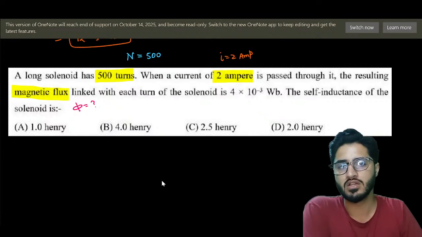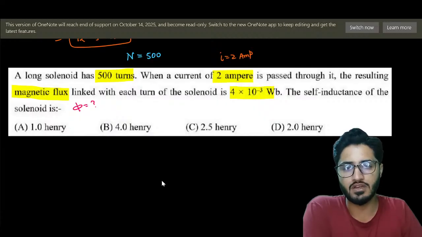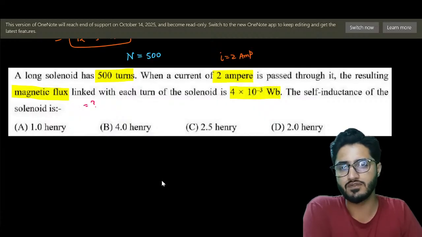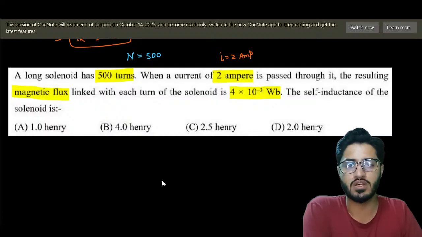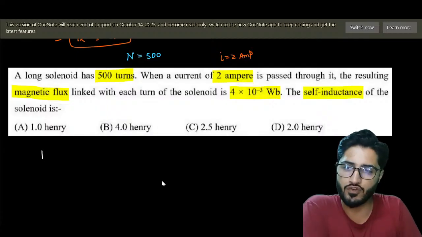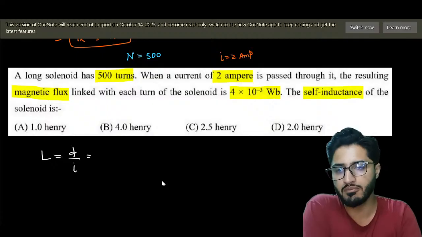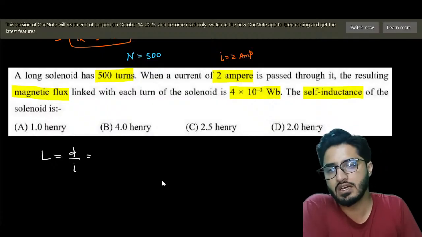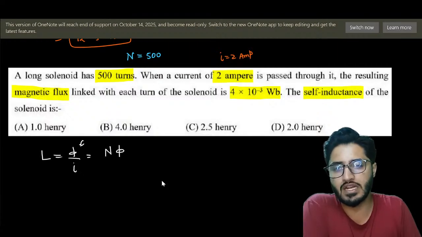And look, I guess the flux is given, no? Flux is given this much. So what do we have to find out? Self-inductance. So I guess L we need to find out. L came out to be phi by I. Is phi given to us? Yes, sir, phi is given to us. But look here, it is the flux of one coil, so I need to multiply it by the number of turns.